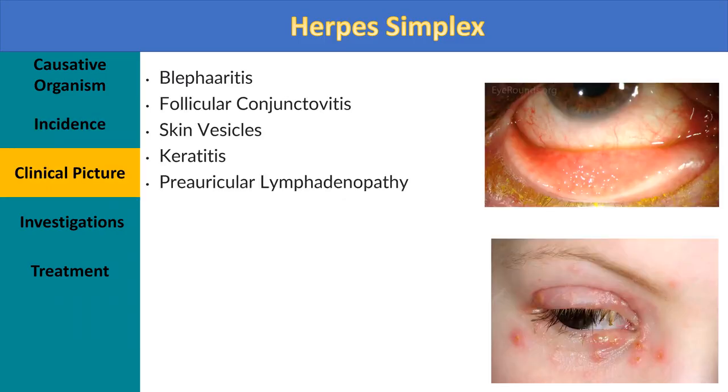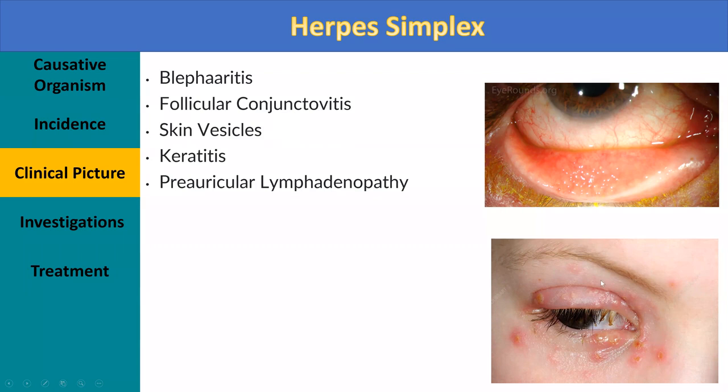Clinical picture, how do these lesions present? Those patients present with what's called blepharoconjunctivitis and keratitis. So there is blepharitis, conjunctivitis, and keratitis. Again, I'm speaking about the primary infection, which occurs in childhood. Those children will present with lid vesicles like that.